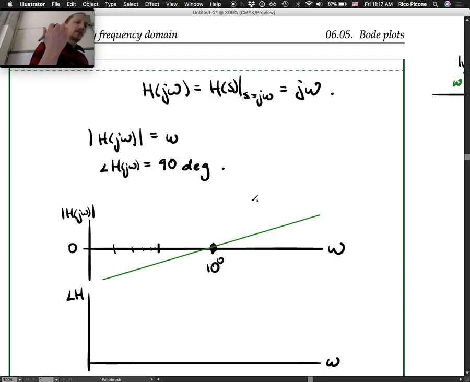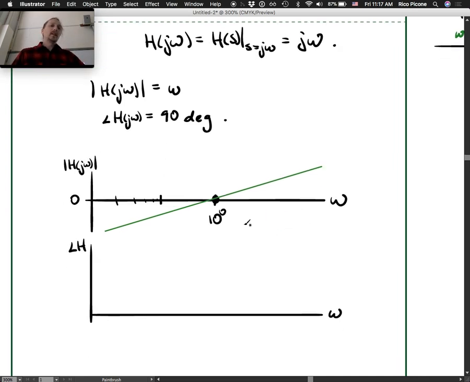It's a linear function that goes through 0 dB at omega equals 1. And then the phase is just 90 degrees, no matter what the frequency is.